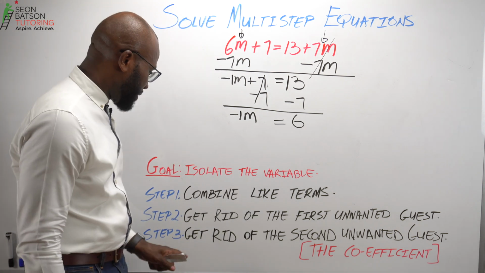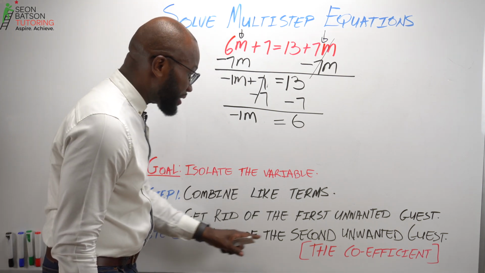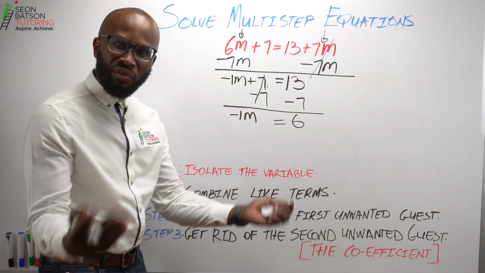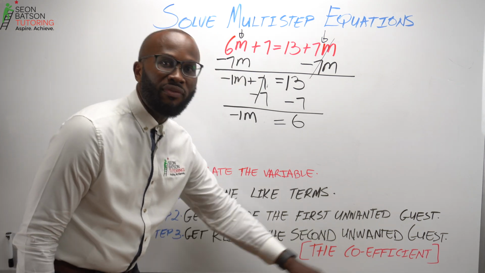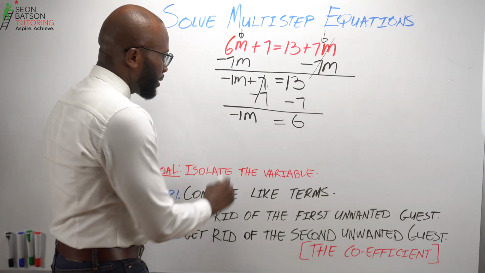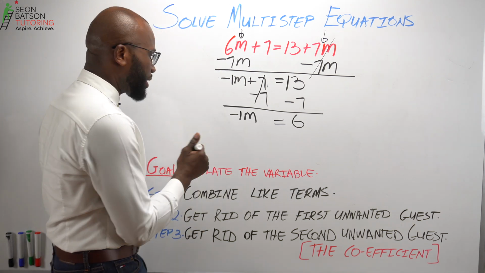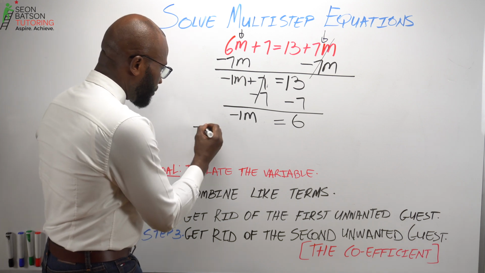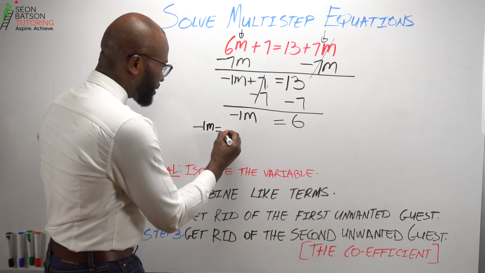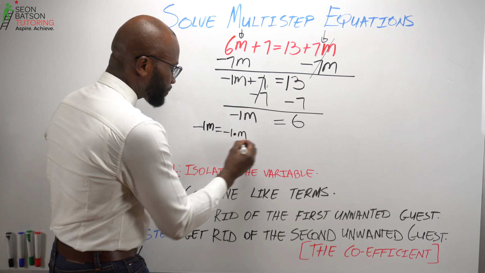Now, last step, step 3, we will get rid of the second unwanted guest. And I gave you guys a hint, which is the coefficient. Our unwanted guest here is negative 1. Remember, negative 1m is the same as negative 1 times m.